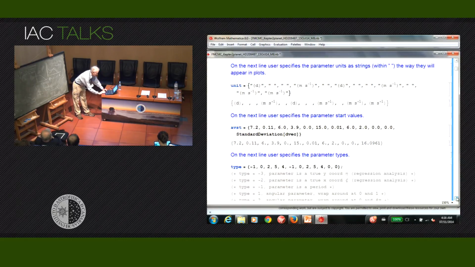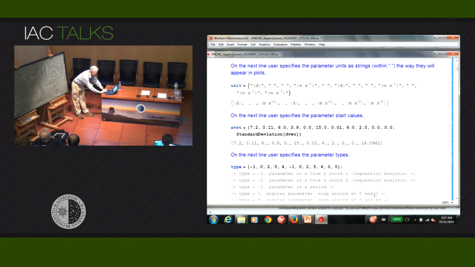And then, as far as the proposal distributions are concerned, there is a module that, given the information you provide about the parameter and prior ranges, which come next, will say, oh, that's a parameter of this type. It's an angular parameter. We know that that's modulo 2 pi or modulo 4 pi, and so we want to wrap around if we're proposing beyond that.